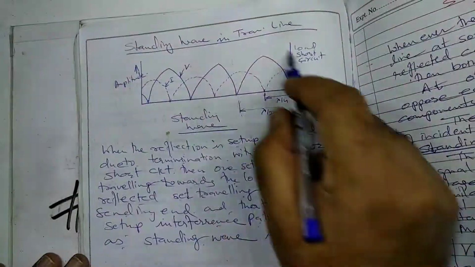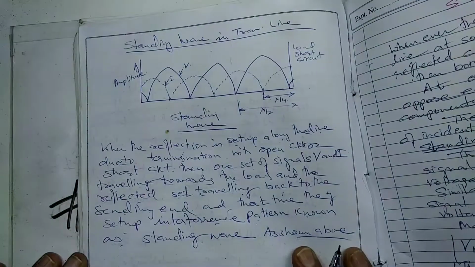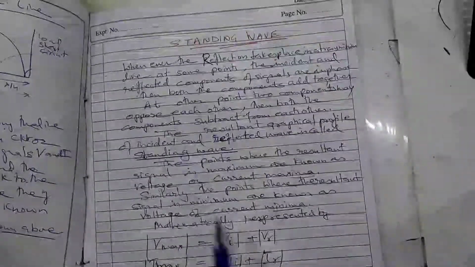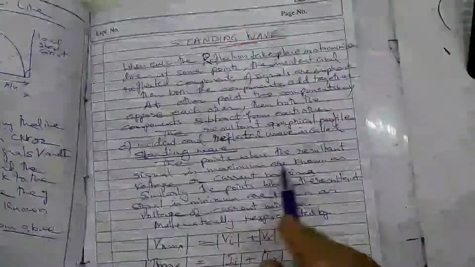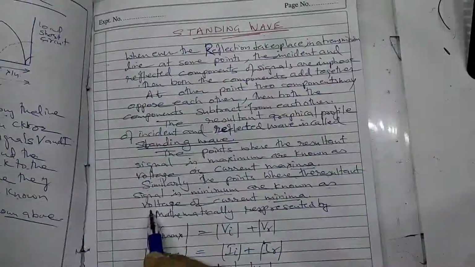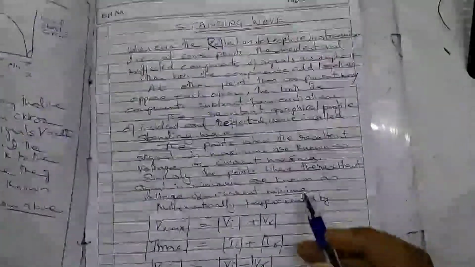So this is the interference pattern, that is called standing wave. The point where the resultant signal is maximum is known as voltage or current maxima, and the point where it is minimum is known as voltage or current minima.